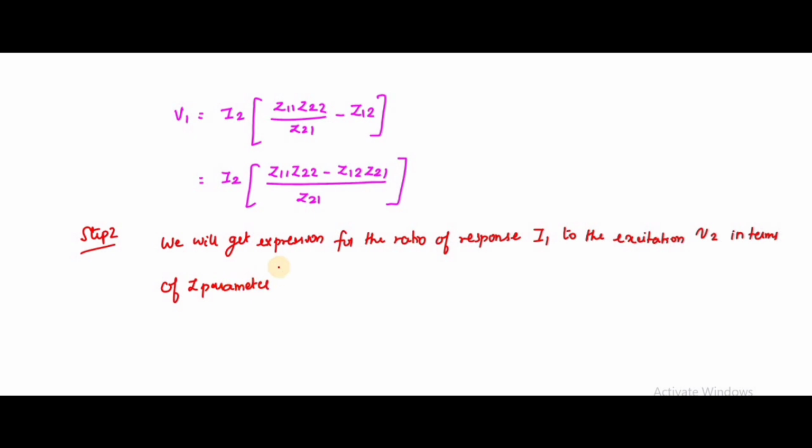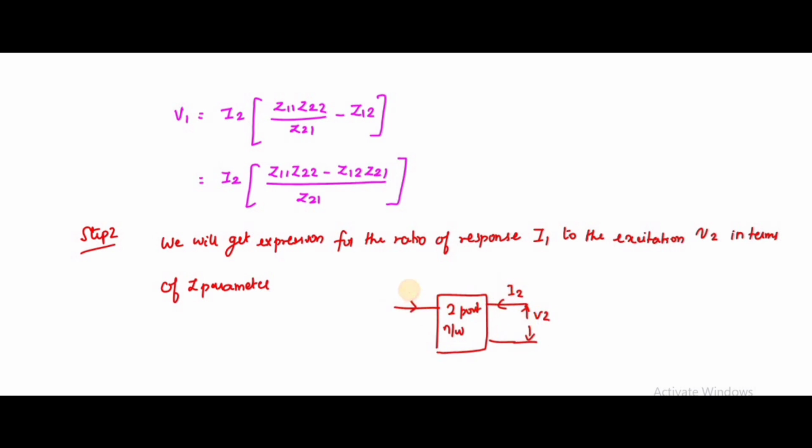So I'm going to interchange the I and V. This is how the network looks.